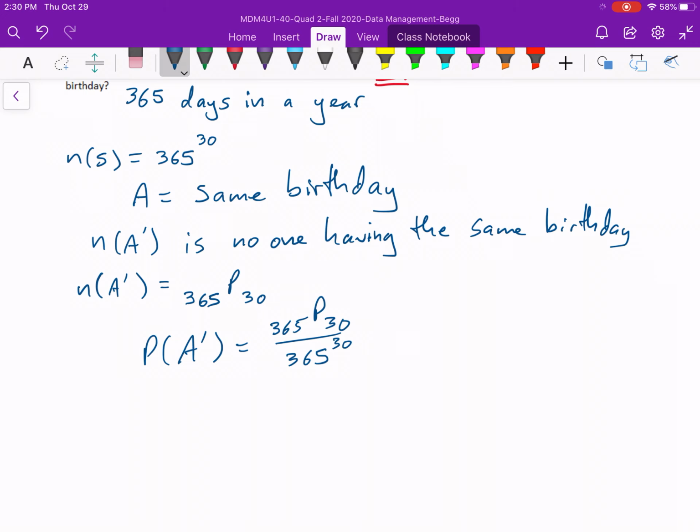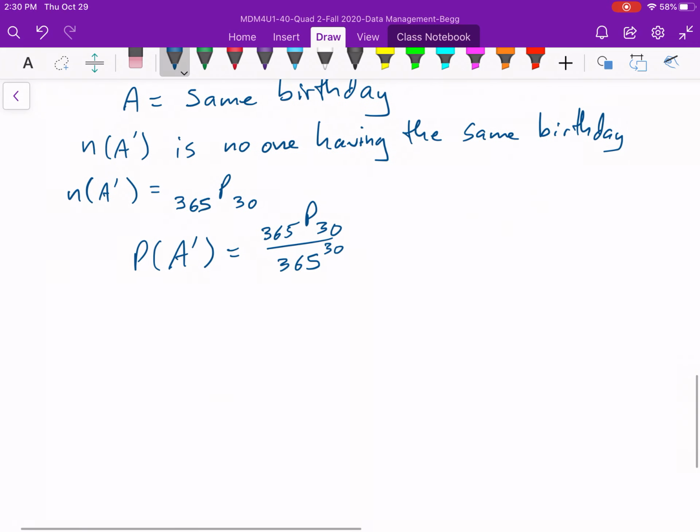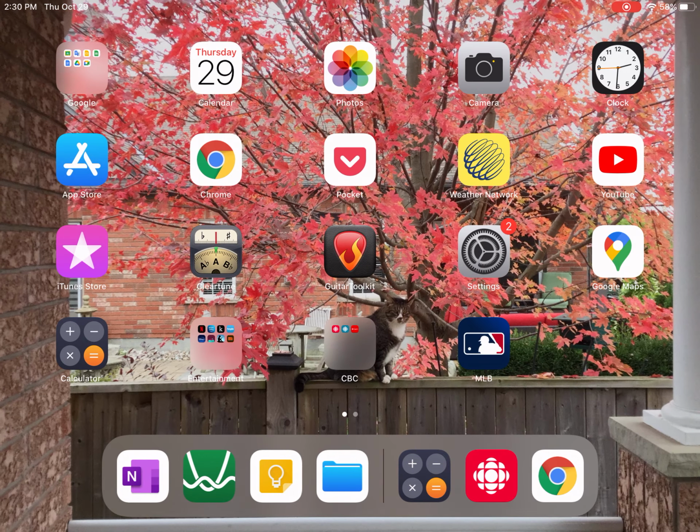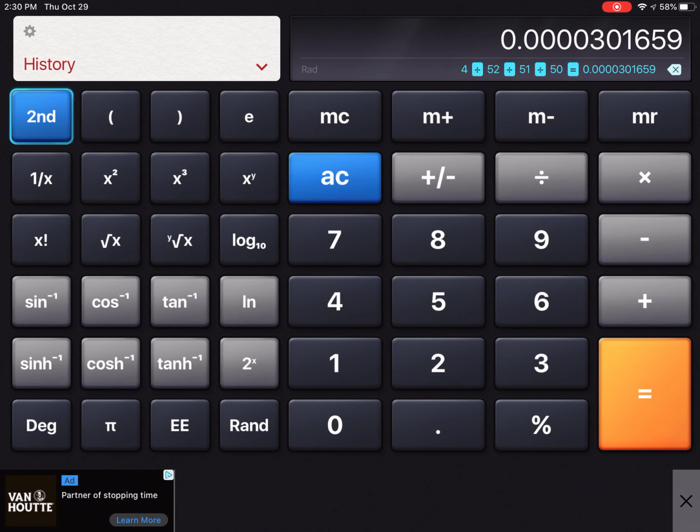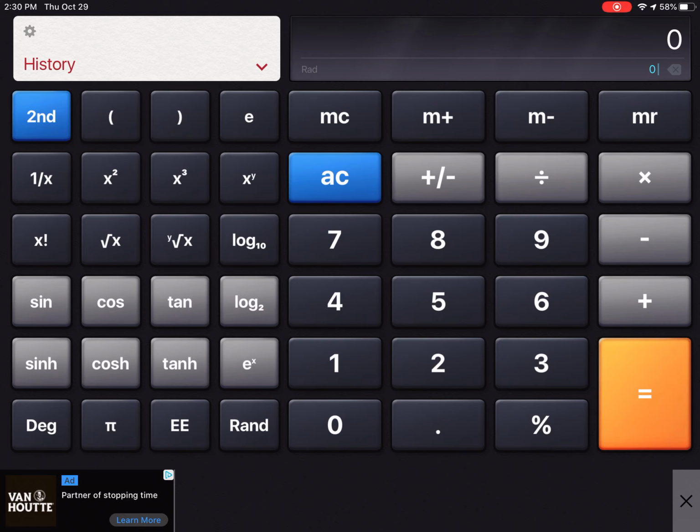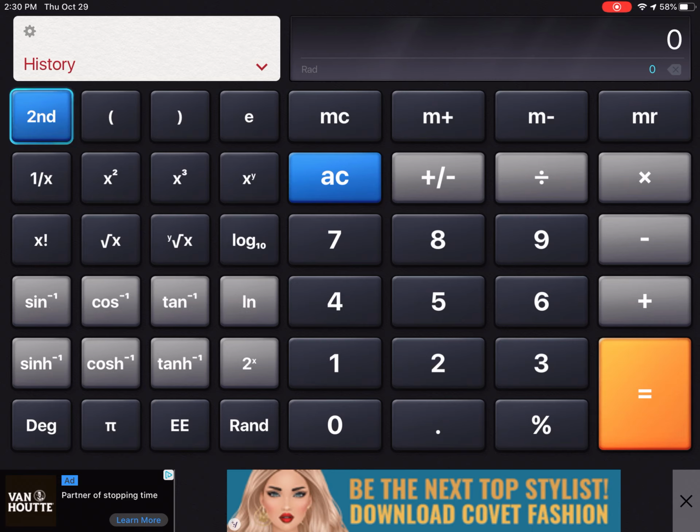Okay, now I'm in a bit of a pickle because, again, I don't have a calculator to do permutations. I'm just going to double check here on this. No permutations on this calculator anywhere. So, I do have the number nearby, I think. Well, at least I know what the final answer is.